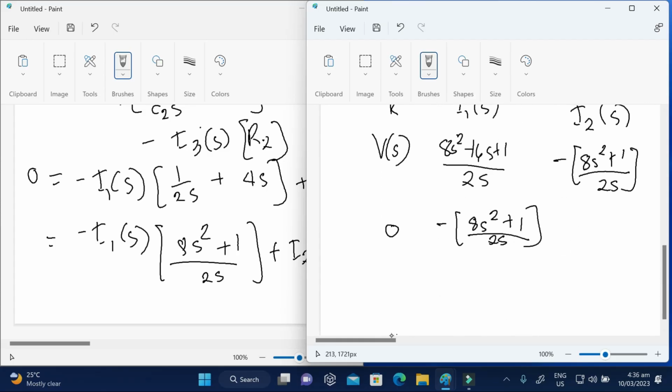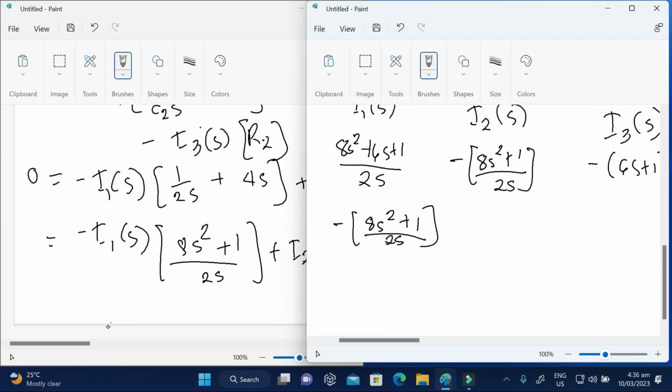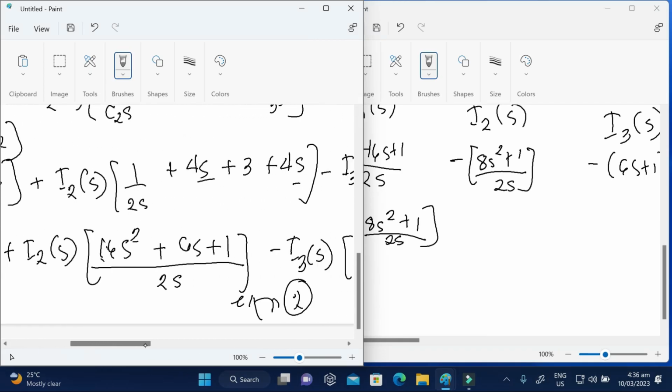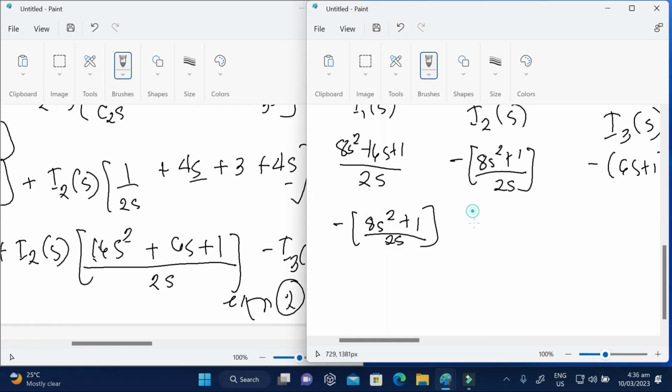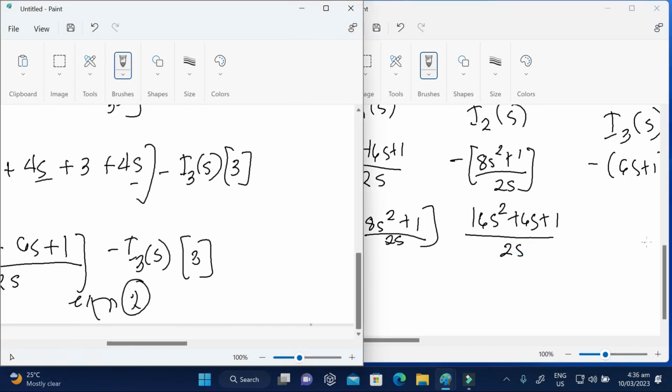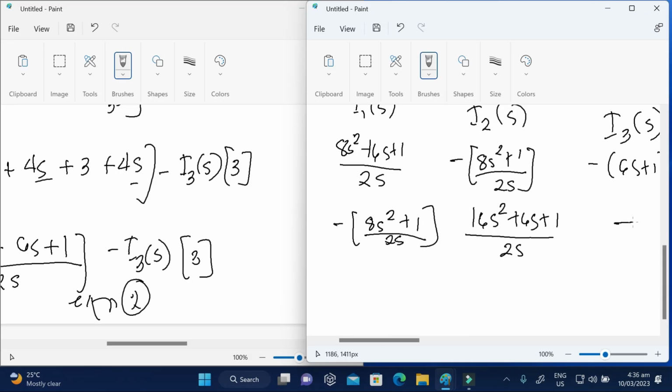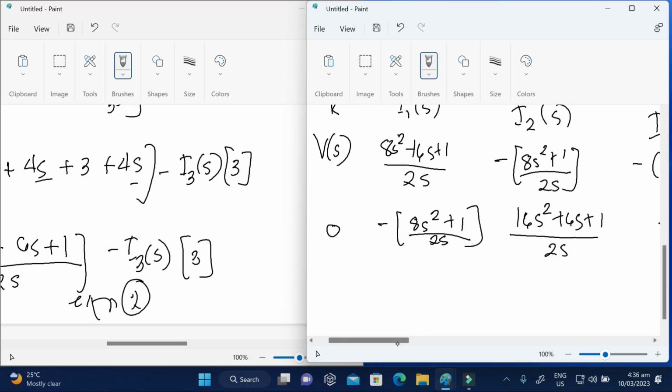Para sa I2, 16S squared plus 6S plus 1 over 2S. Okay? Tapos sa I3 ay negative 3. Okay?